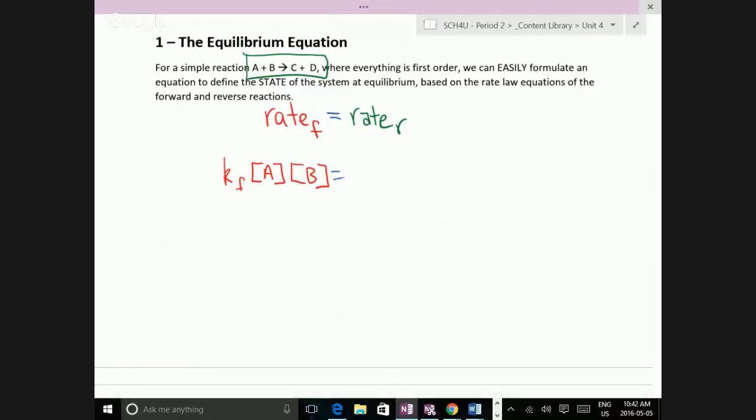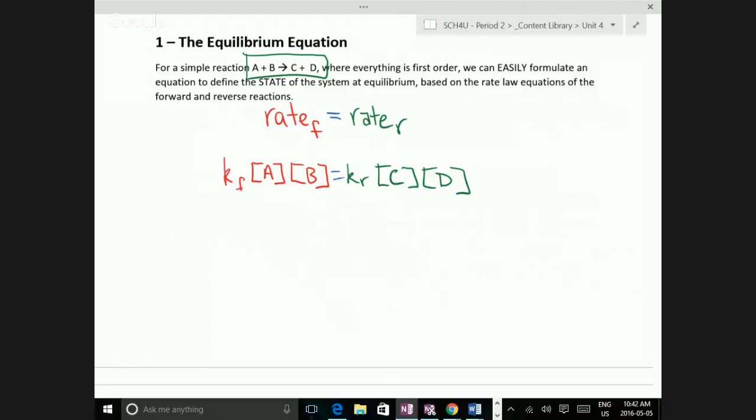Somebody else, what's the rate of the reverse reaction going to be equal to? Kr times the concentration of C times the concentration of D. Good.